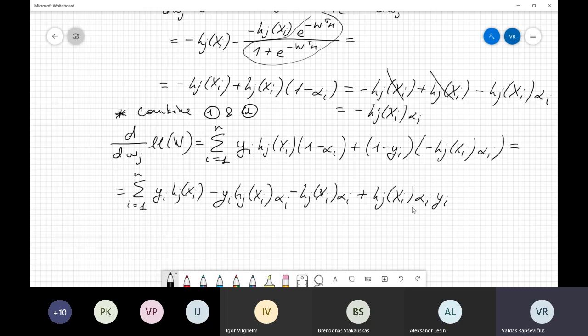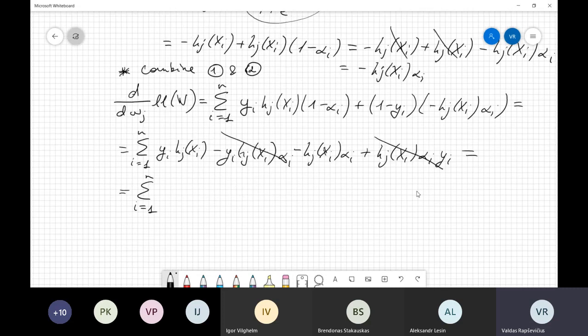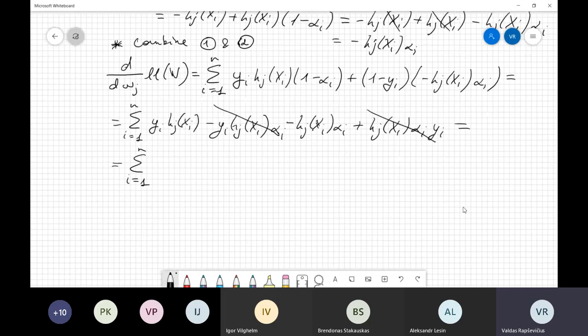Okay, so can we remove something? Yes, apparently we can remove that one, this is minus, and that one, this is plus, right? So again, this becomes equal to yi, and our gradient for logistic regression becomes, okay, these two are the same, so we can take out the feature, hj xi, right?